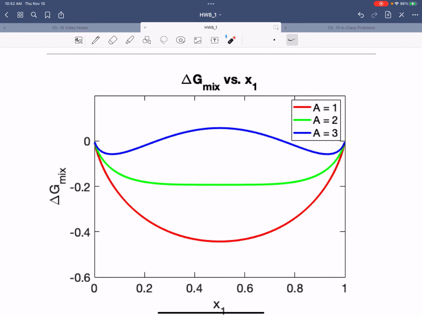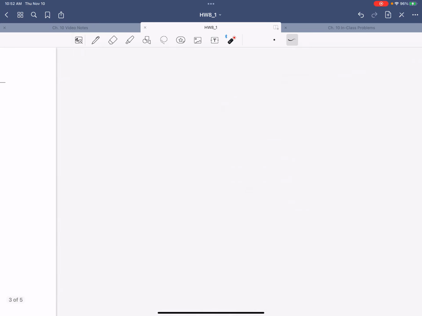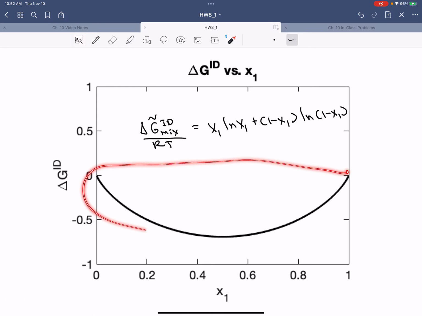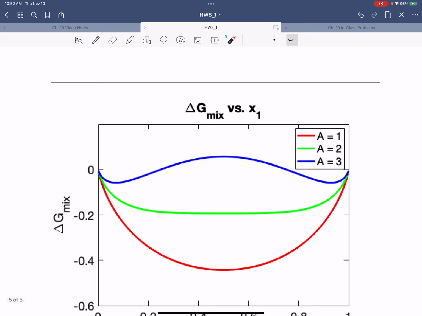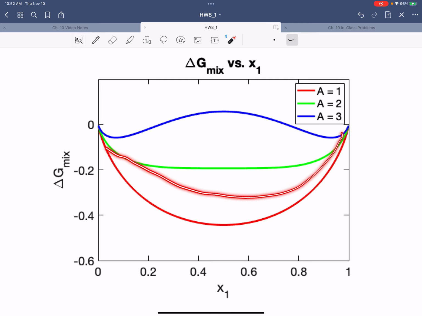And essentially what this is saying is that the A parameter, even though it's there, the excess Gibbs energy is only going to be a minor contribution to the overall Gibbs energy, such that the shape of the curve is just going to look like the ideal solution case, right, where we had a parabola. And so when A is relatively small, the ideal solution term dominates.